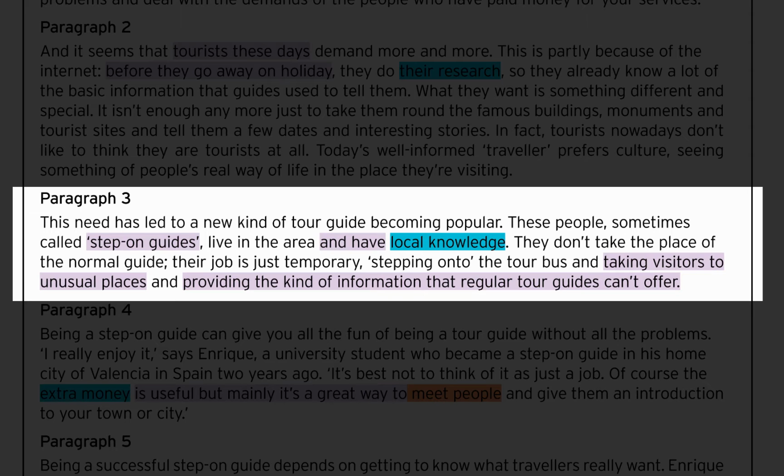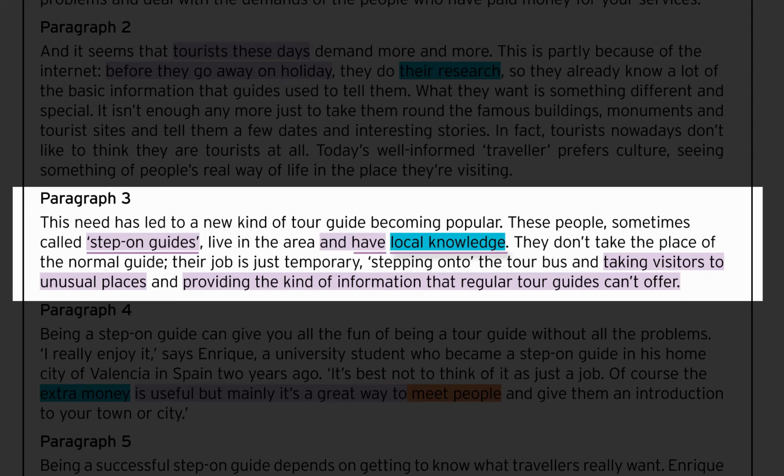Now, the clue here is the word their. Their something. Their friends, their family. Here it's their knowledge, their local knowledge. Their tells you it belongs to them, so it's something they have. So if you find this kind of word in the exam, look for have, especially after reading the keyword step-on guides, have local knowledge.